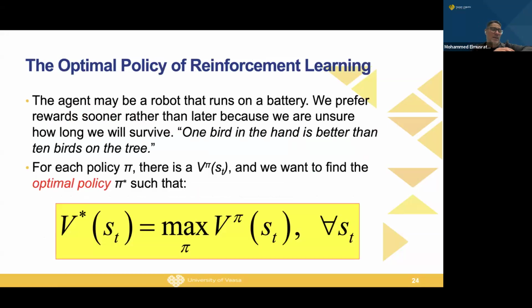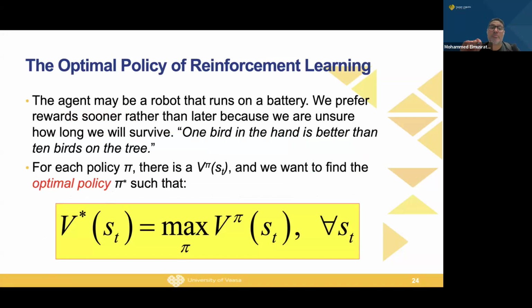Then of course there are more and more explanations about the algorithms. It was already given in the recorded lecture. But here, for example, the optimal policy. This is also an important concept that I wanted to focus on here. Usually you are looking for the optimal policy.